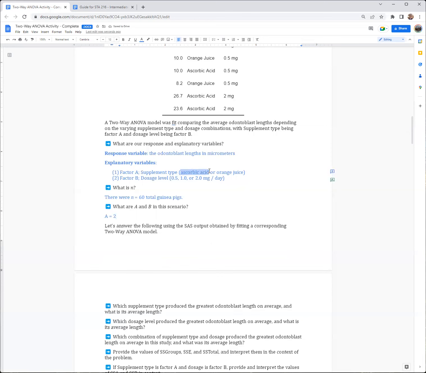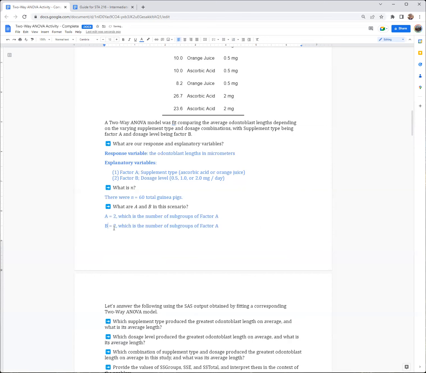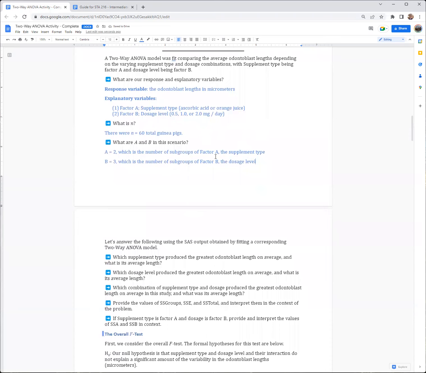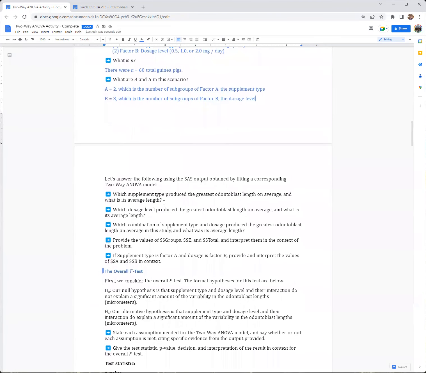The subgroups being ascorbic acid and orange juice. For B, we have that B is equal to 3, which is the number of subgroups of factor B. With factor A being the supplement type and factor B being the dosage level.